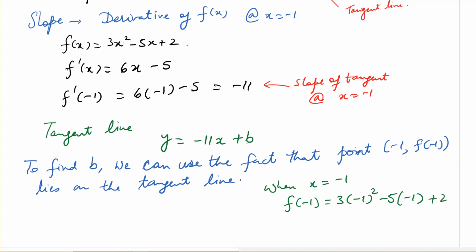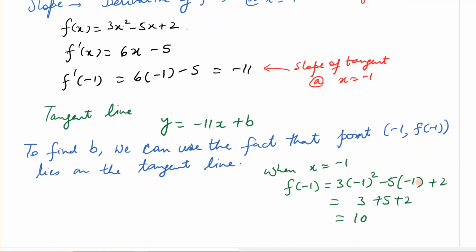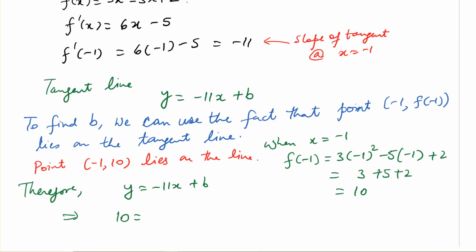So we get 3 plus 5 plus 2, which is 10. So the point is -1, 10, and it lies on the line. We plug x equals -1 and y equals 10 into this line.